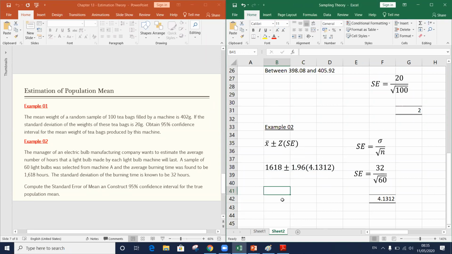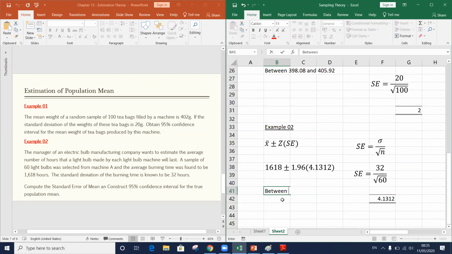Therefore, what should be the range? Population mean එකේ range එක මොන පරාසයටද තියෙන්න ඕන? Between what are the values? 1.96 into 4.1312. Right?